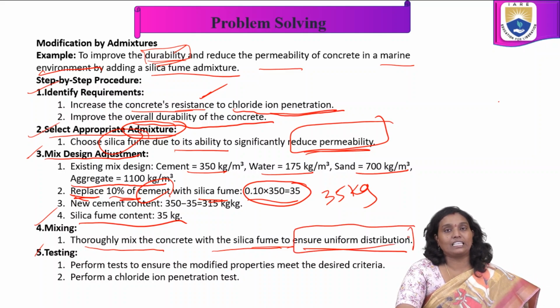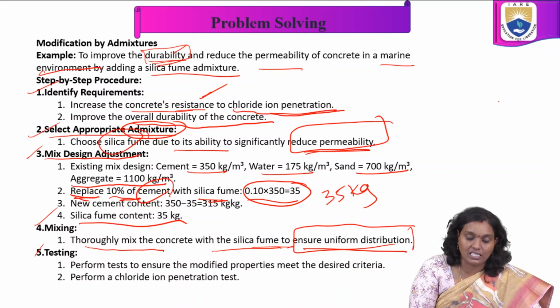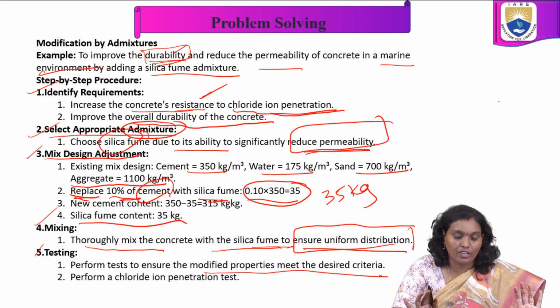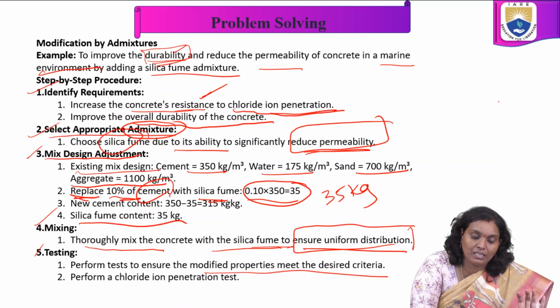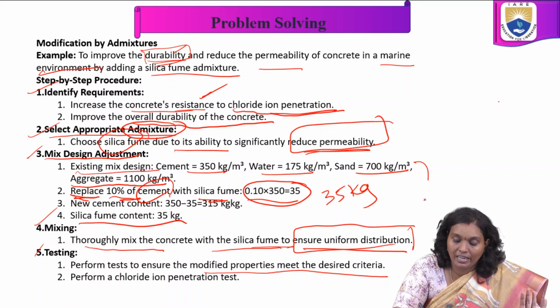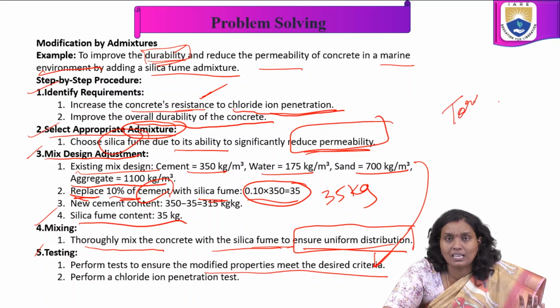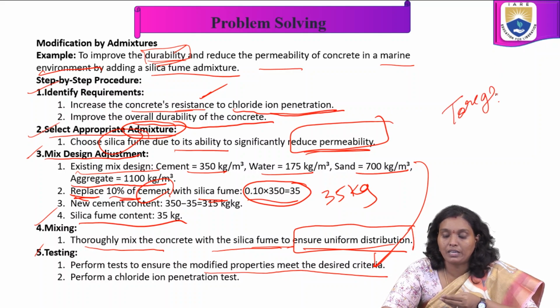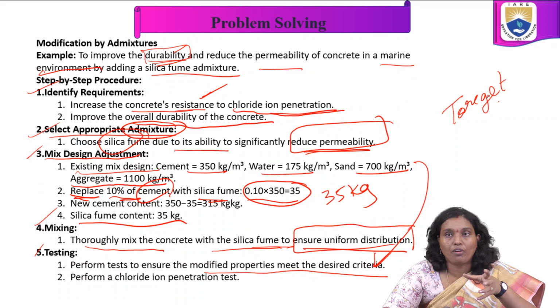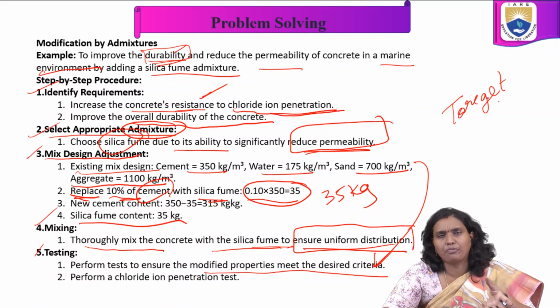Now we are conducting the tests. Perform tests to ensure the modified properties meet the desired criteria. We know the existing mix design already meets the desired criteria, that is the target mean strength. It depends on which kind of properties we require and what the requirement is.